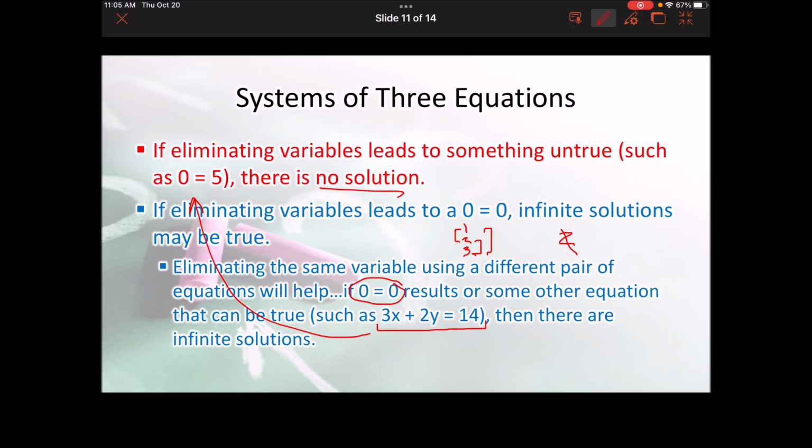So how do I know if there's an infinite number of solutions or no solution? There'll be an infinite number of solutions if you get 0 equals 0 and some other true or possibly true result. You'll know that there are no solutions if you get a false statement such as 0 equals 5.